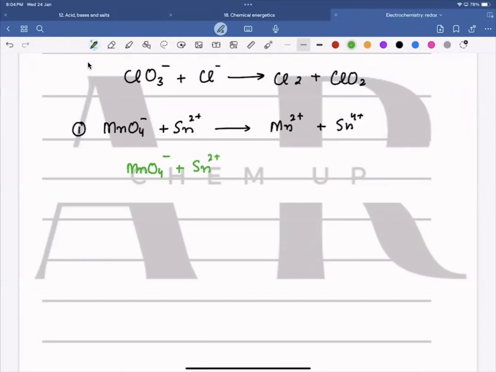So placing the oxidation numbers, right? And then balancing. What balancing? What do we have to balance?